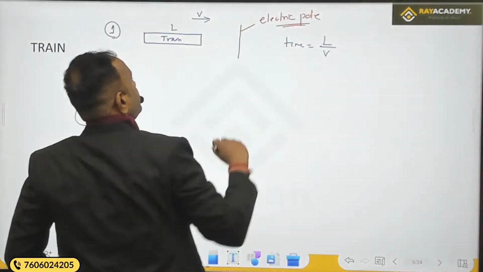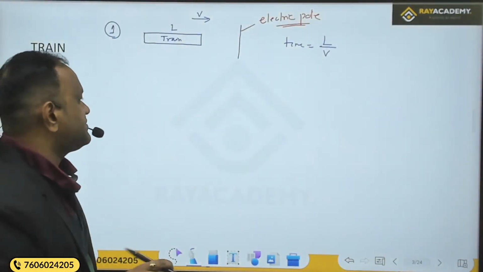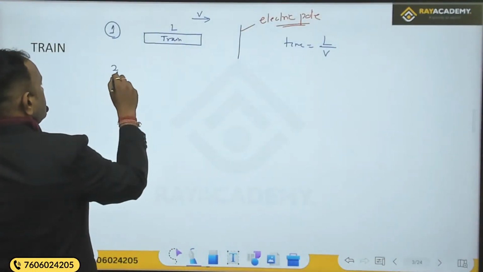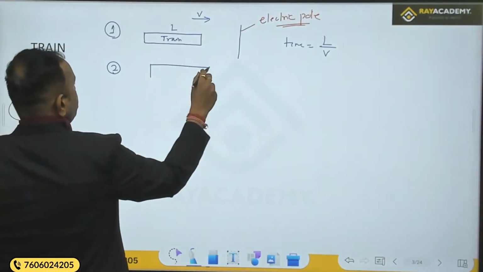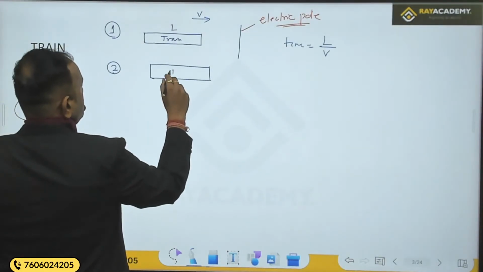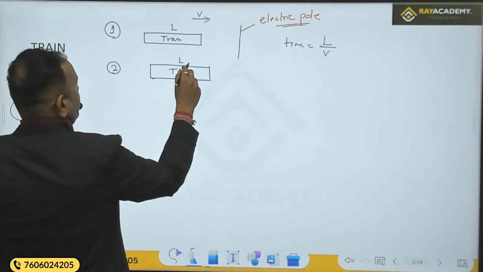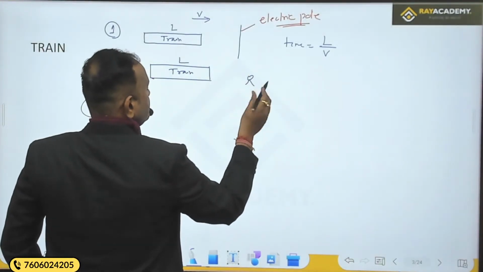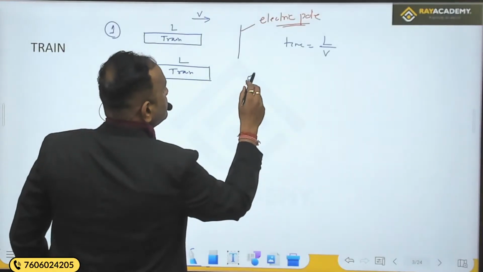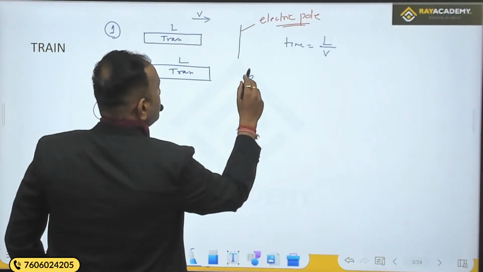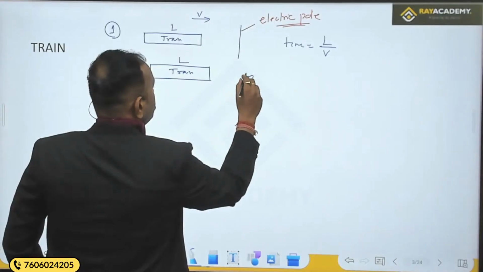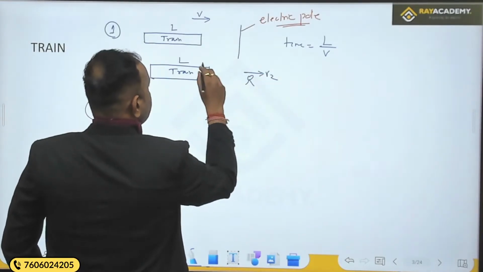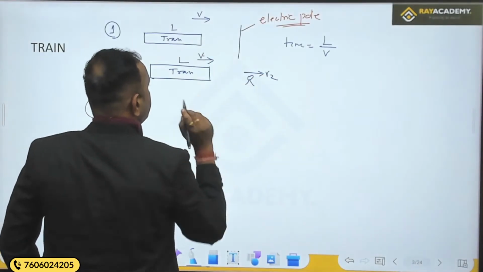So the electric pole we take as a point object. Similarly, another situation: there is a train of length L and there is a bike, let's say a person is going with a bike. Pardon me for my drawing, but this is the person who is also moving with a speed of, let's say, v2, and the speed of the train is given as v1.